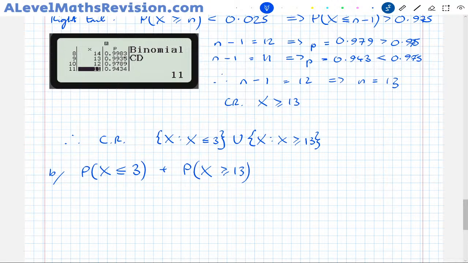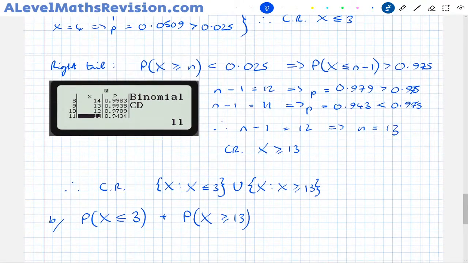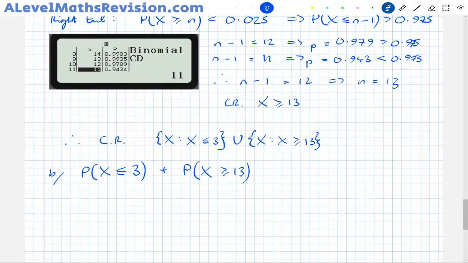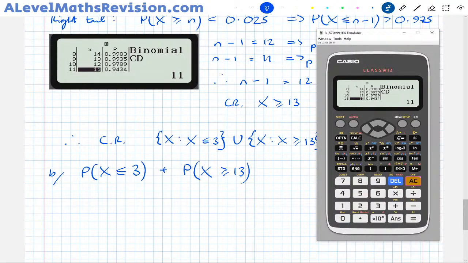So let's work that out. Well, we know the probability that x is less than or equal to 3 was 0.016, but I didn't save that number, so I best get it back up to be safe. So put in the table mode.